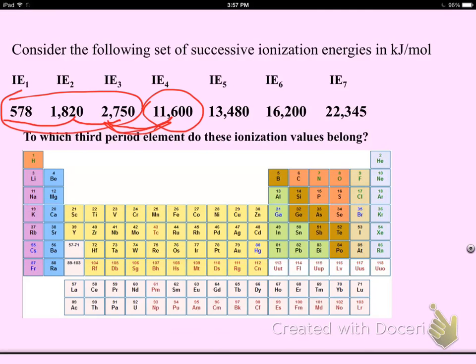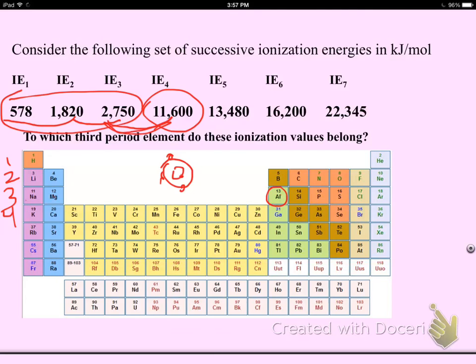And if I'm in the third period, this is period 1, 2, 3, third period, it's sodium, magnesium, and aluminum. Aluminum has 3 valence electrons, not so hard to pull off those 3, but it certainly is hard if I want to pull off a 4th, because I'm going to be pulling them from the inside. So this has to be aluminum.